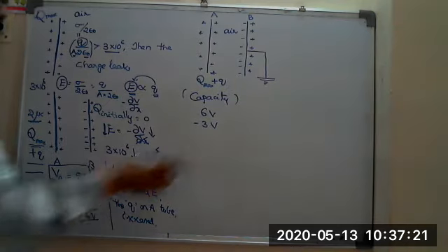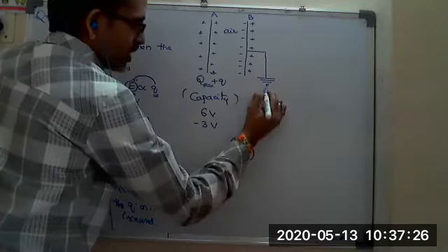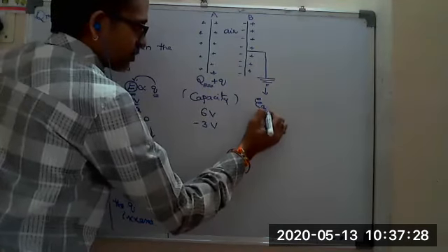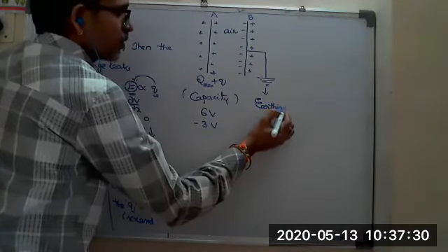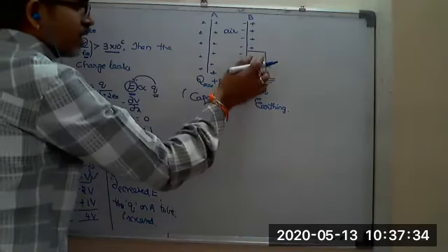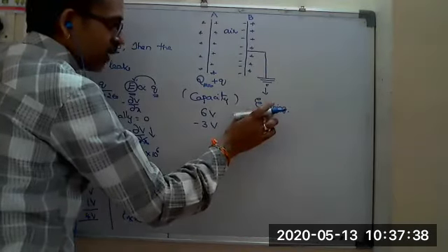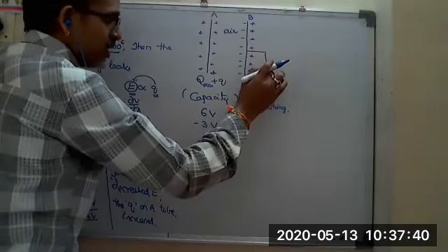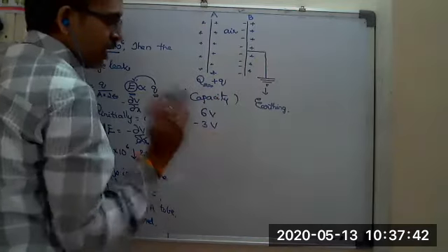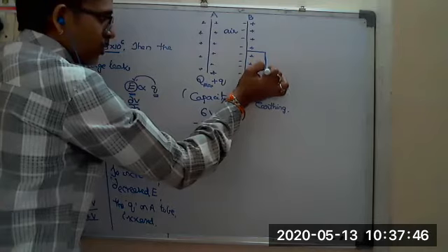So that earth symbol I am drawing like this. It is called earthing. Here the farther side of plate B is earthed. Earthed means what? Connected to the earth, just with one wire.